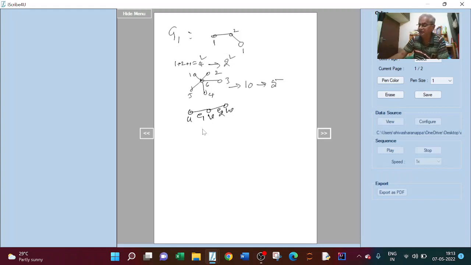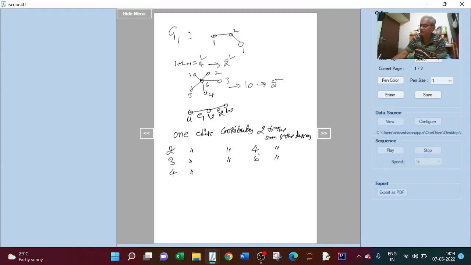So we can write it like this: one edge contributes 2 to the sum of the degrees, because it is incident with two vertices. Suppose two edges are there, it contributes 4 to the sum of the degrees, and if three edges are there, it contributes 6 to the sum of the degrees.